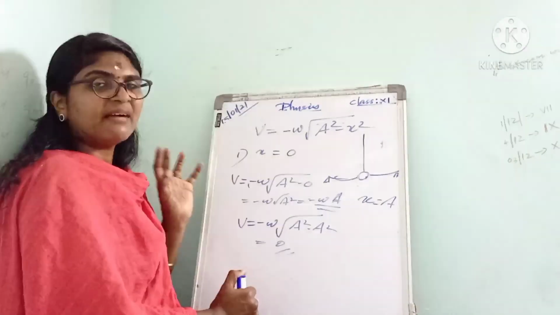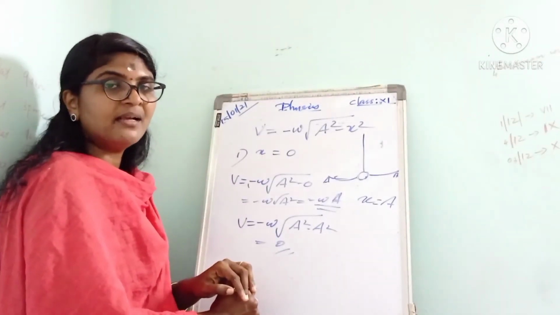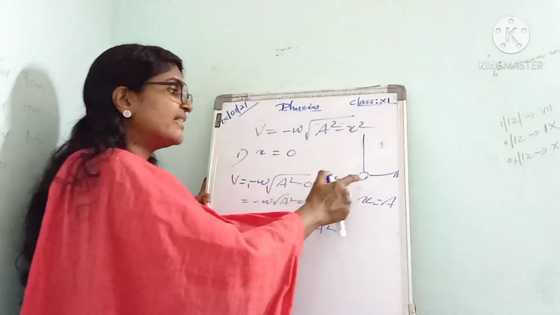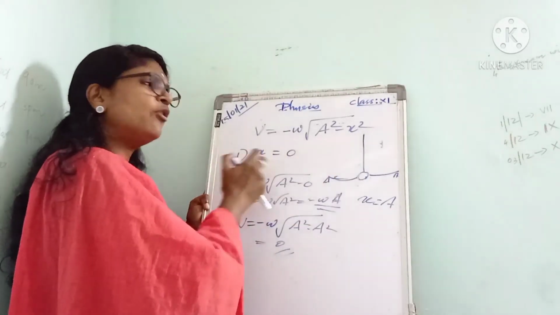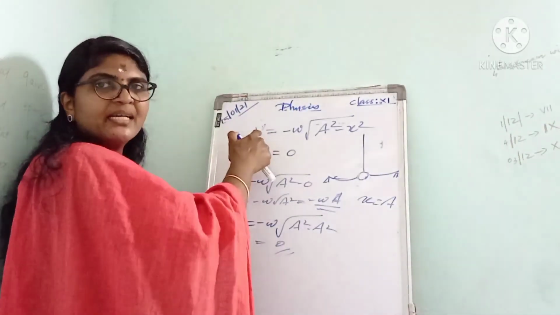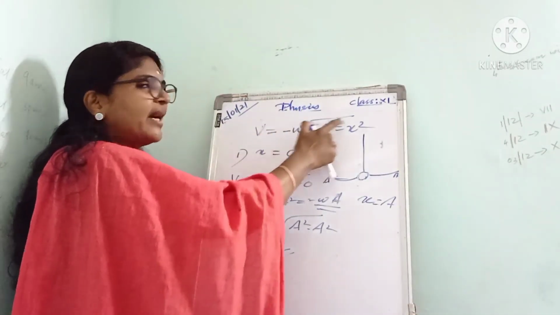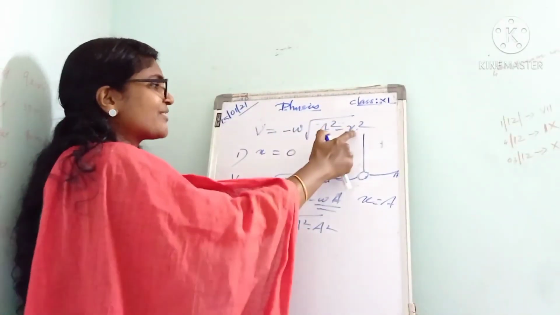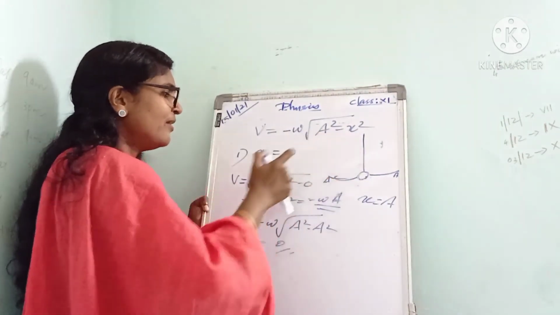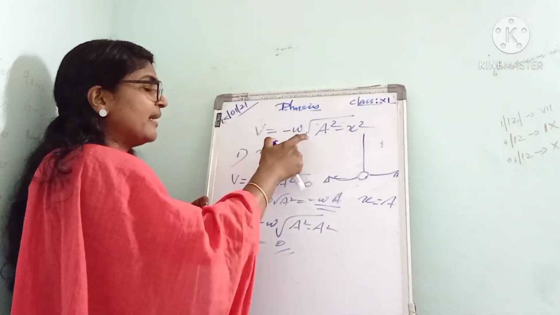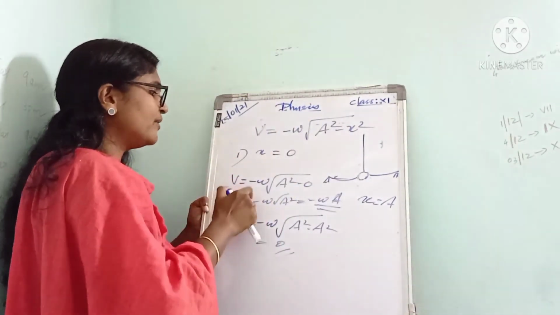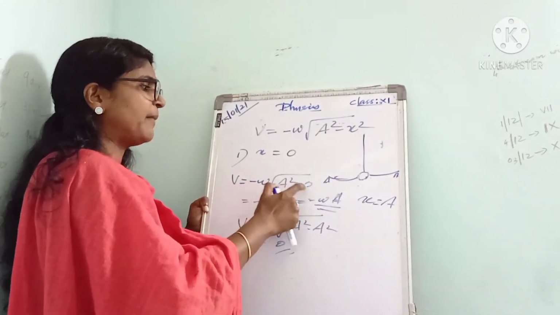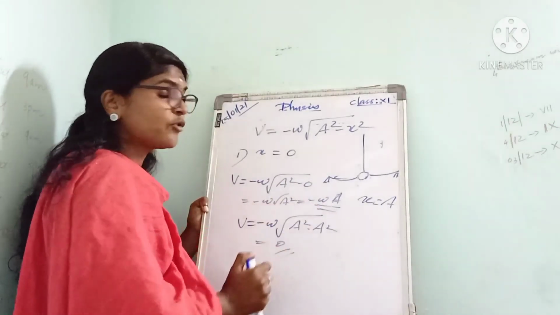So the oscillating particle has the maximum velocity at the mean position. At the mean position, the displacement x equal to 0. So we have the relation v is equal to minus omega root of a square minus x square. Putting x equal to 0 in the expression for velocity, v equal to minus omega root of a square minus 0, so we got minus omega a.